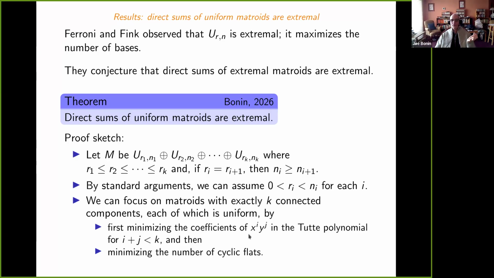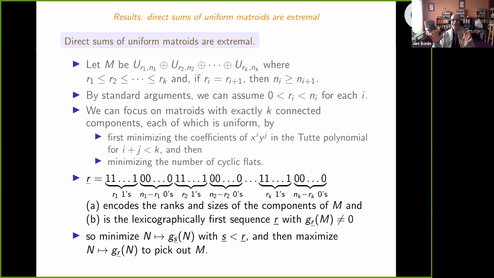By minimizing all of the coefficients x to the i, y to the j in the Tutte polynomial where i plus j is less than k, you can guarantee there are at least k components in your matroid. We want exactly k. Well, okay, minimize the number of cyclic flats, because every component in this case is going to wind up being a cyclic flat. So we would have minimizing this when your cyclic flats are just direct sums of components. And that has the nice property that then there are no proper cyclic flats in those components. So you're getting exactly k components and they're all uniform.